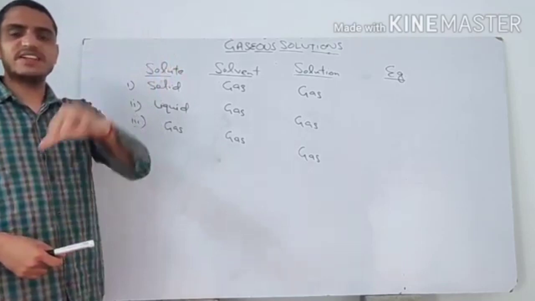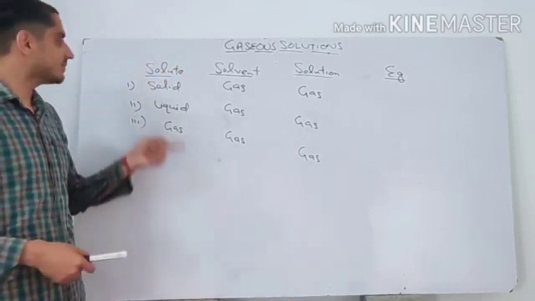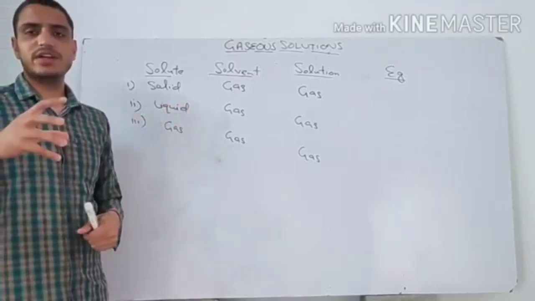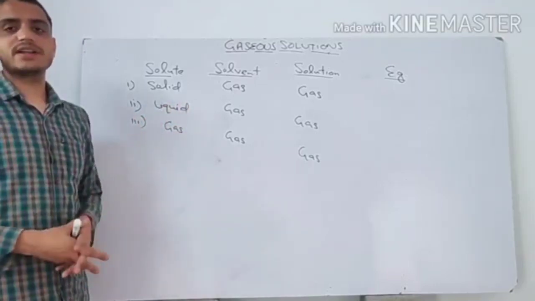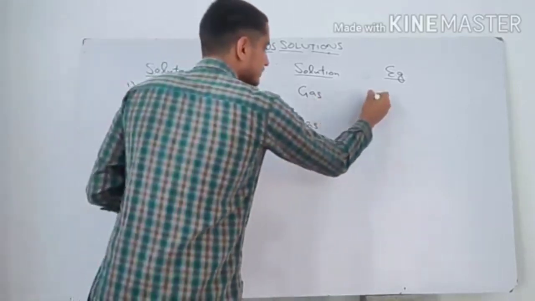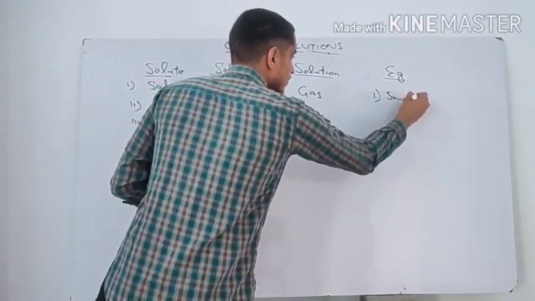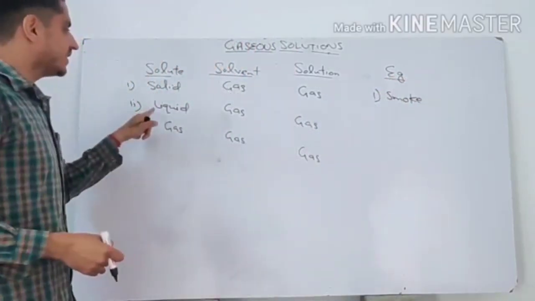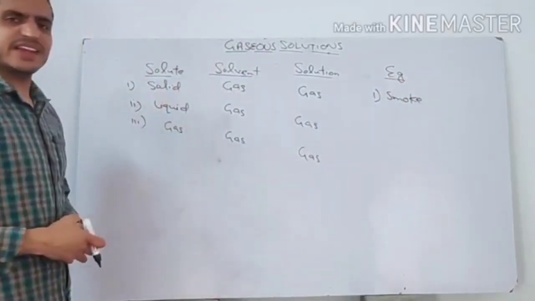So the carbon particles present in the air can be an example of solid in gas. Clear? It is known as smoke. So smoke can be the example of solid in gas solutions.